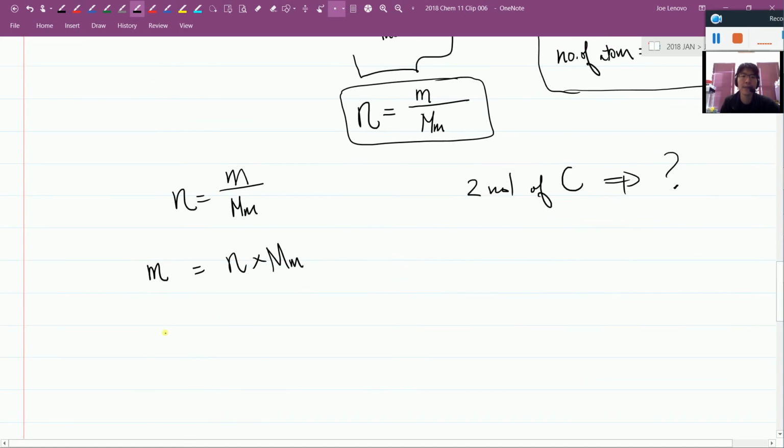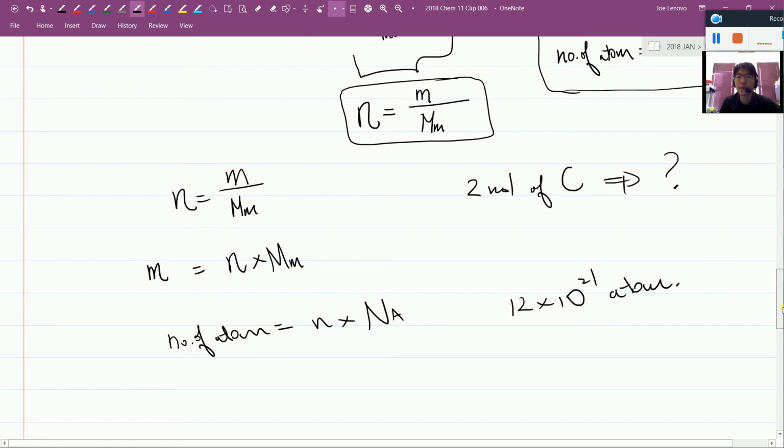And the last formula would be saying that the number of atoms can be calculated by number of mole times the Avogadro number. So what if I give you the actual number of atoms? Say I have 12 times 10 to the 21 atoms in it.